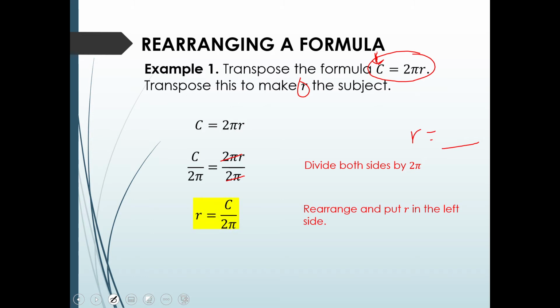I just put r to the left to be clear that r is the subject now. So this is now the new formula for r, where r is the subject. This is how you do it: divide both sides by 2 pi, and then rearrange. So let's have another example.